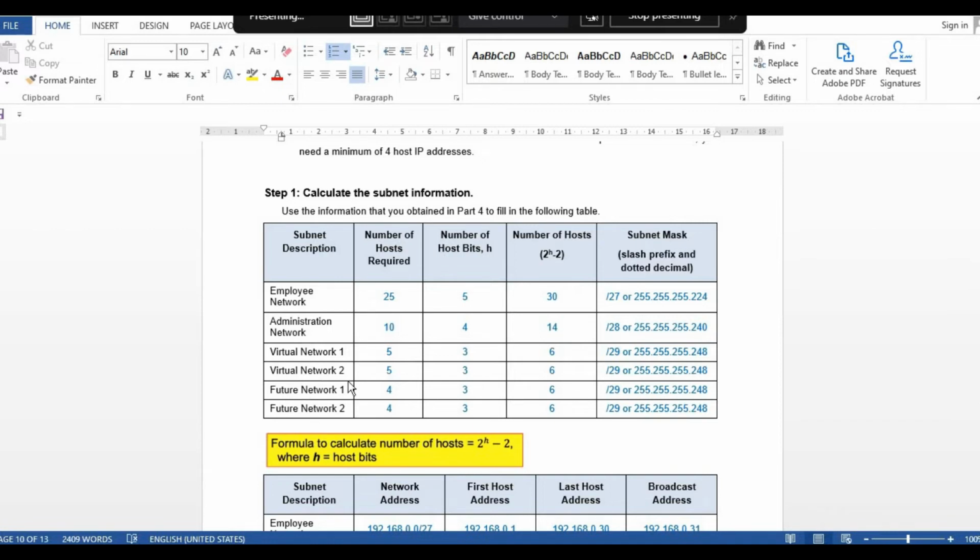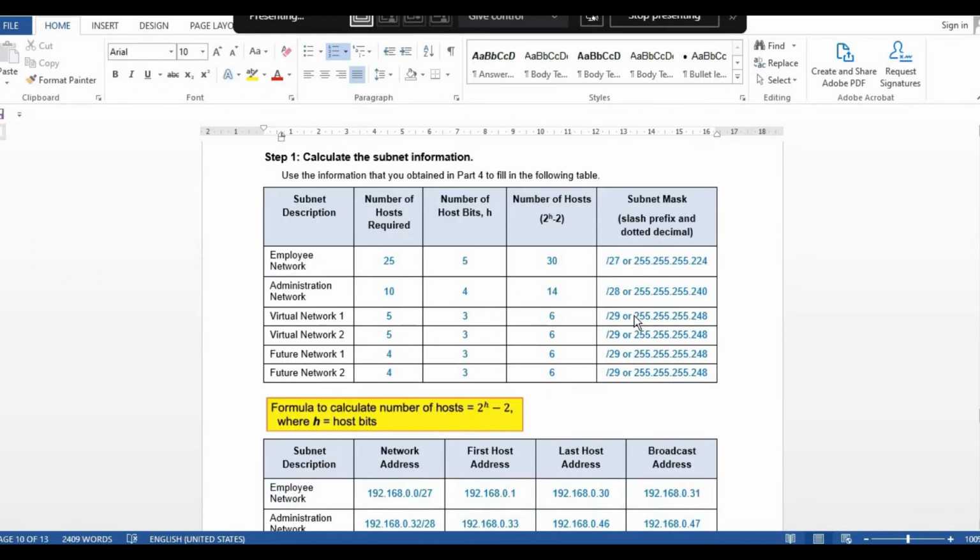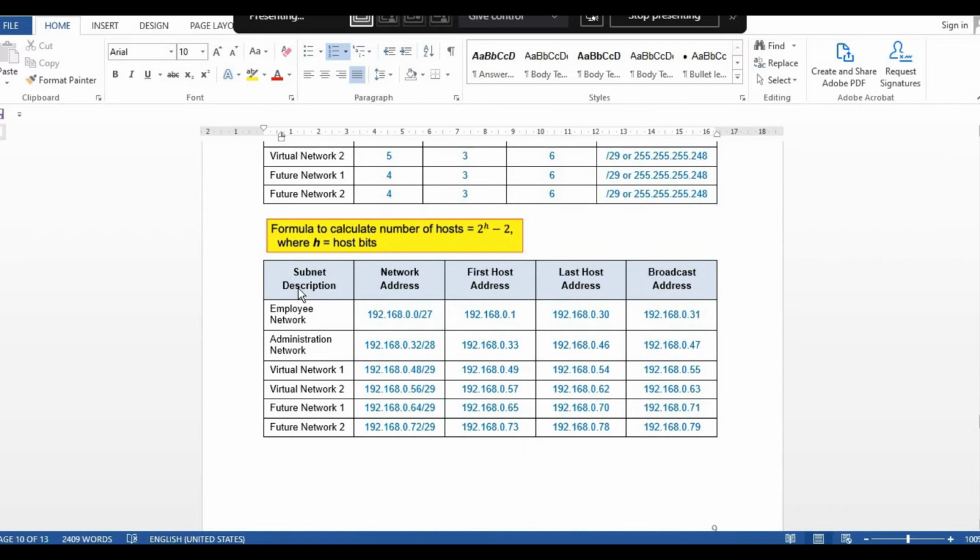This is the number of hosts you require, this is the number of host bits, number of hosts is 2 to the power of host bits minus 2, and this is the subnet mask. Next, this is the IP addresses for network address, first host address, last host address, and broadcast address.